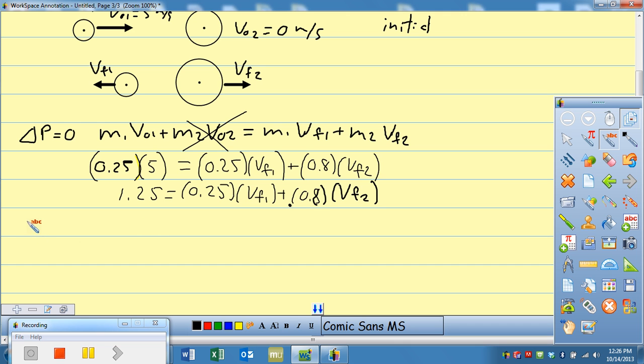And we're going to do conservation of kinetic energy, right? Because the change in kinetic energy is also equal to 0.